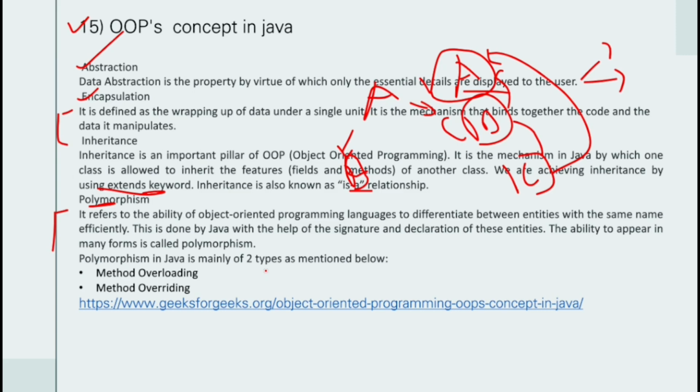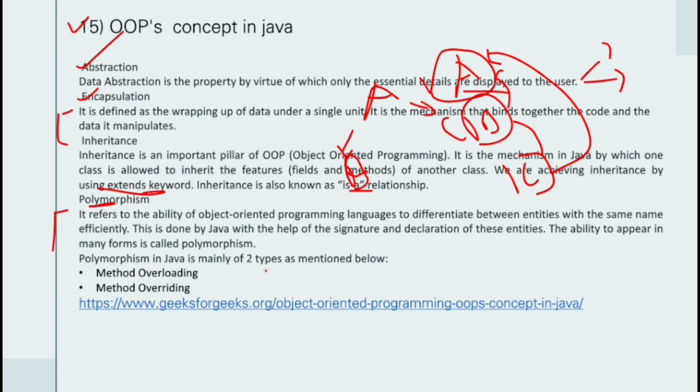In method overriding, one class is extending another class, and we override the parent class method and write our own implementation in the child class method. So in method overriding there will always be the inheritance concept, and the method signature will be totally the same.